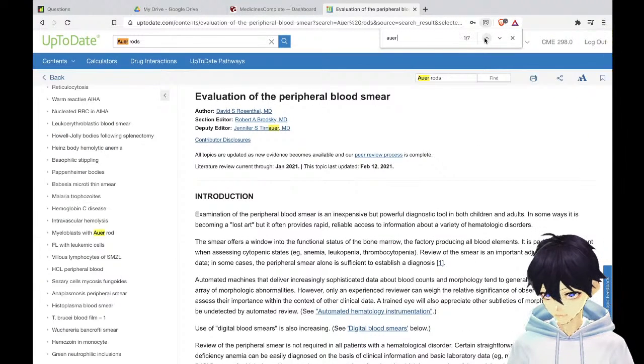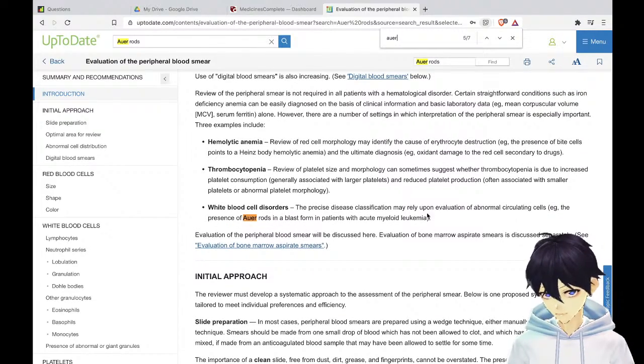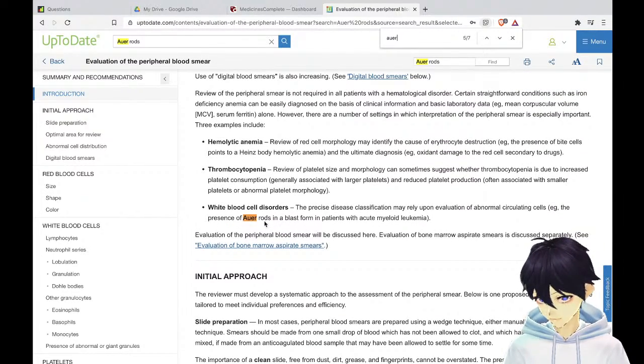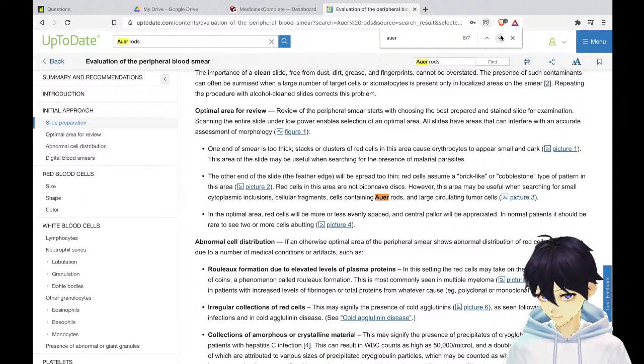Let's go to the first one first. Auer rods. White blood cell disorders. The precise disease classification may rely upon evaluation of abnormal circulating cells, for example, the presence of Auer rods in blood. No. Nope.